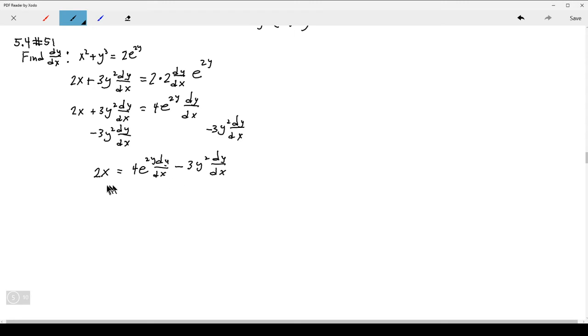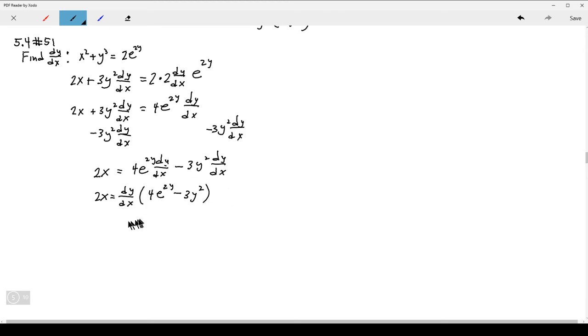Factor out the dy dx. So 2x, take the dy dx out, and I've got 4e to the 2y minus 3y squared. And then just divide both sides by what's inside the parentheses.